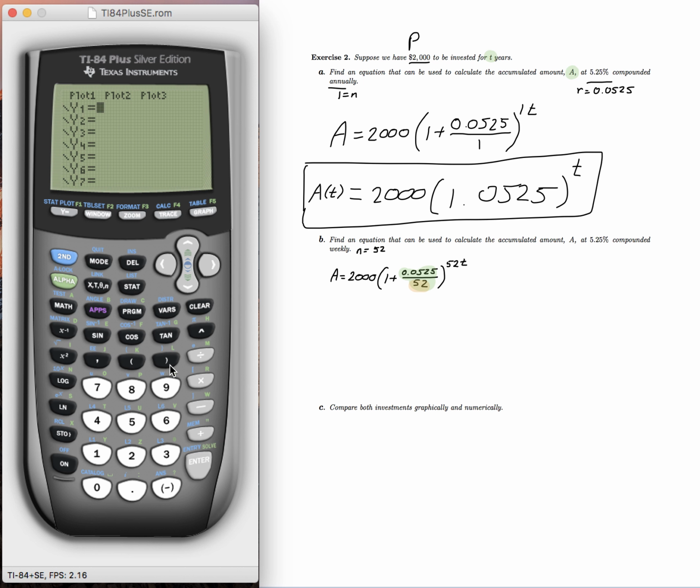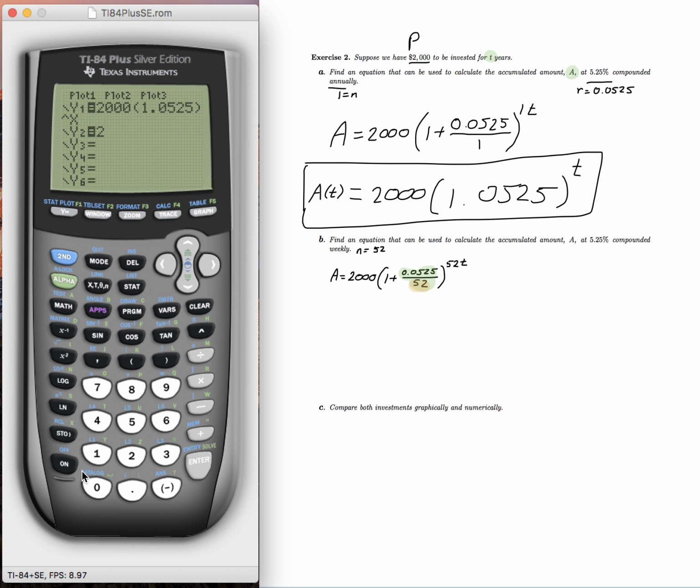Alright, so in the last part of this, we want to compare these two graphs and tables for the two models that we come up with, maybe to see which one's going to be a better deal. So if you go to your calculator and plug both of those in, the first one, 2000 times 1.0525 to the t, we don't have a t, so we use x.